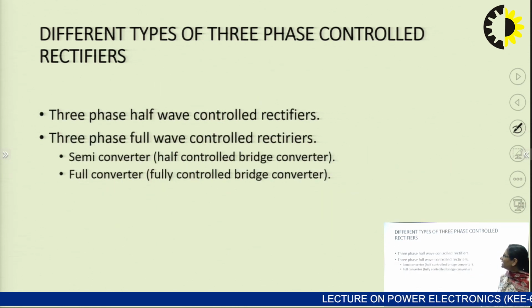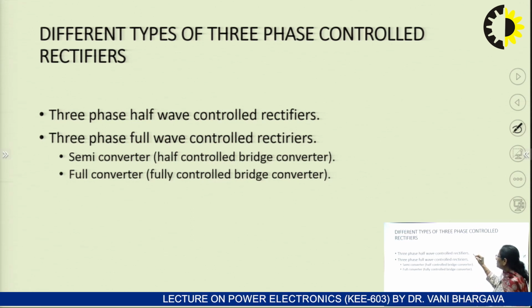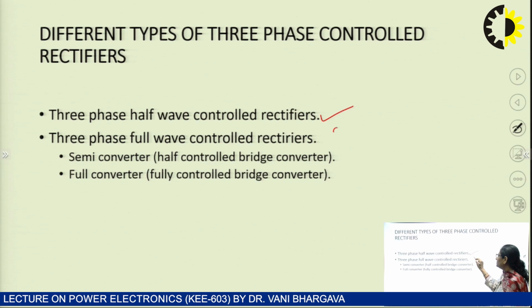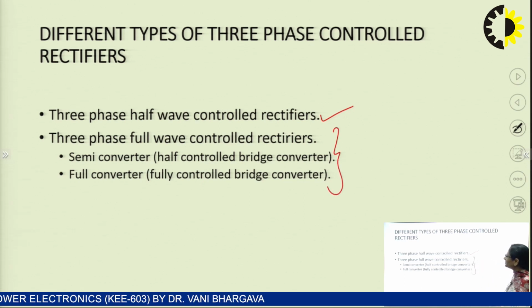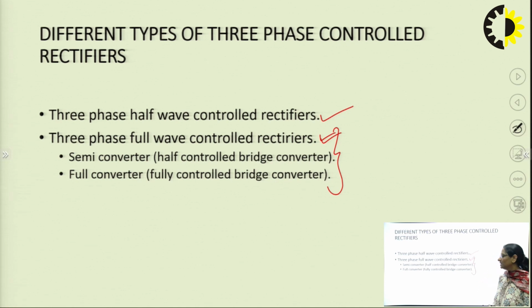In a similar manner, different types of three-phase control rectifiers are the three-phase half-wave control rectifier and the three-phase full-wave control rectifier. In the three-phase full-wave control rectifier, we may have the midpoint configuration as well as the bridge configuration. Here, what I have mentioned is the types of the bridge configuration only.